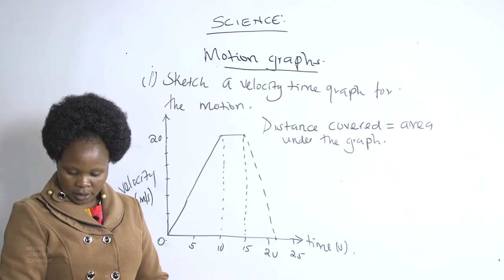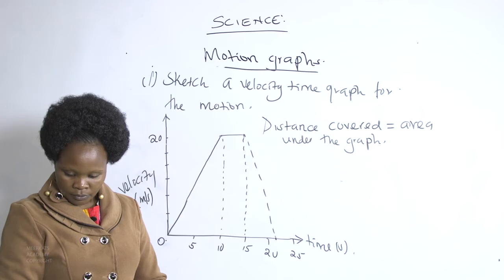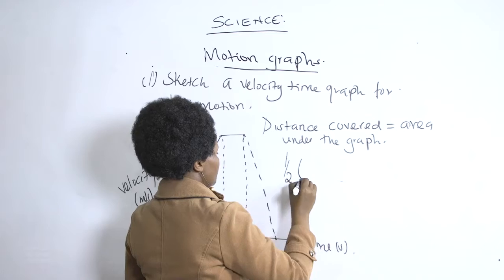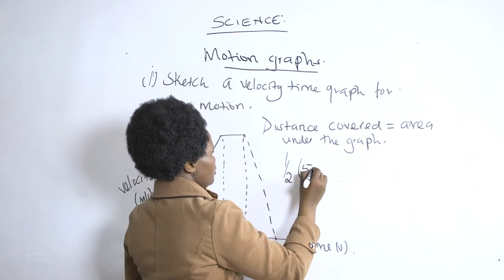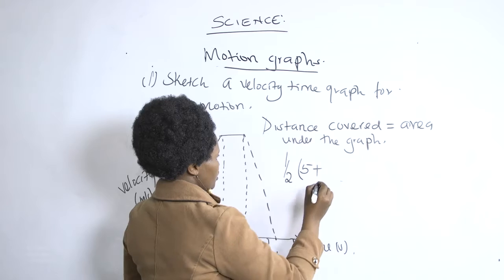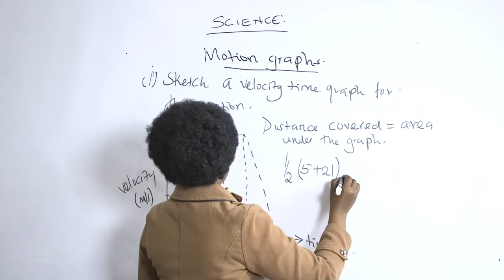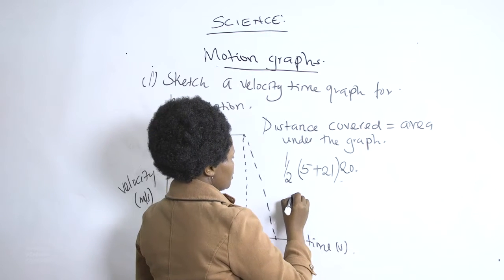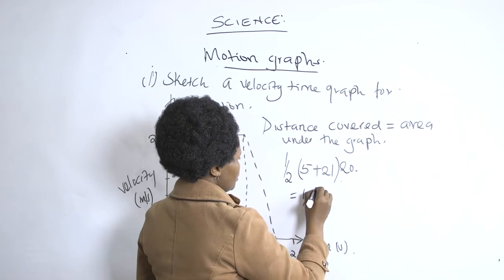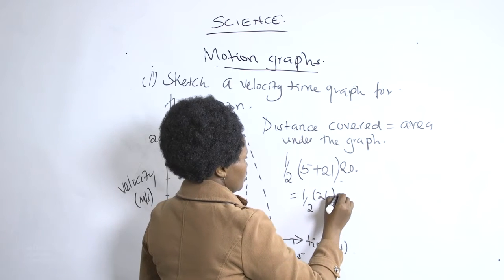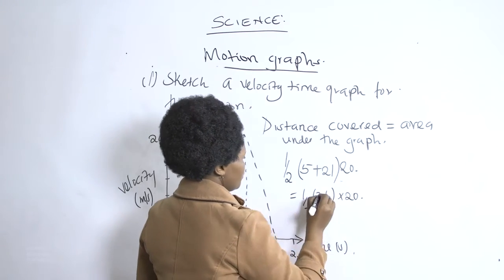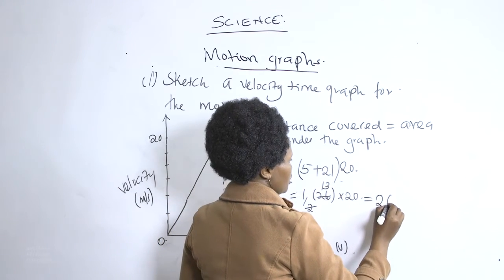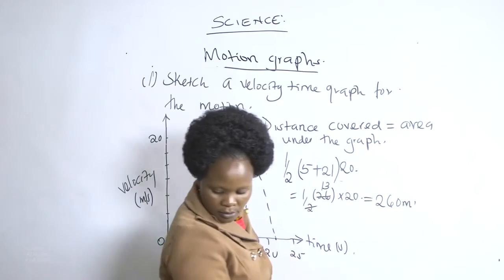We get the area, which will be a half of 5 plus 21, multiplied by 20, which is a half of 26 multiplied by 20, which is the same as 260 meters.